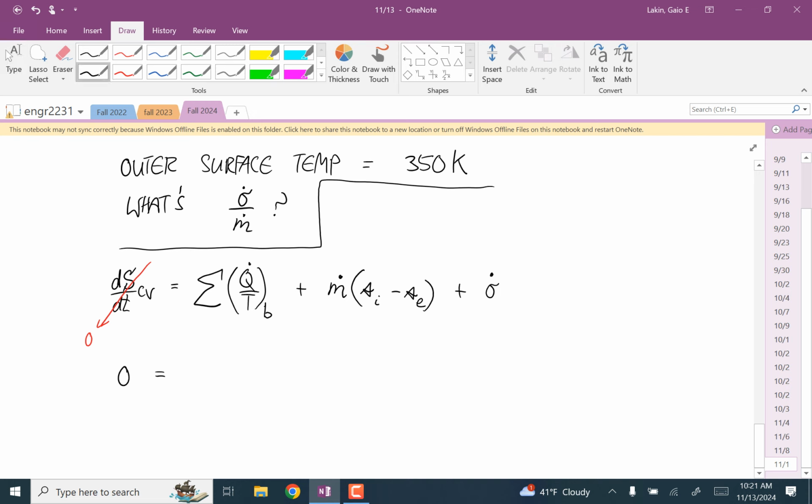I'm going to rewrite this as 0 is equal to Q dot over m dot divided by the temperature plus Si minus Se plus sigma dot over m dot. And a lot of these problems are going to be calculating stuff as a ratio, divided by the mass flow rate.